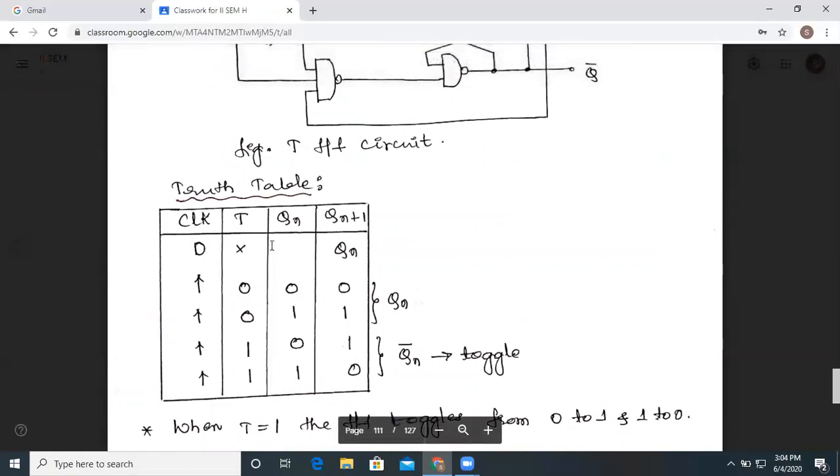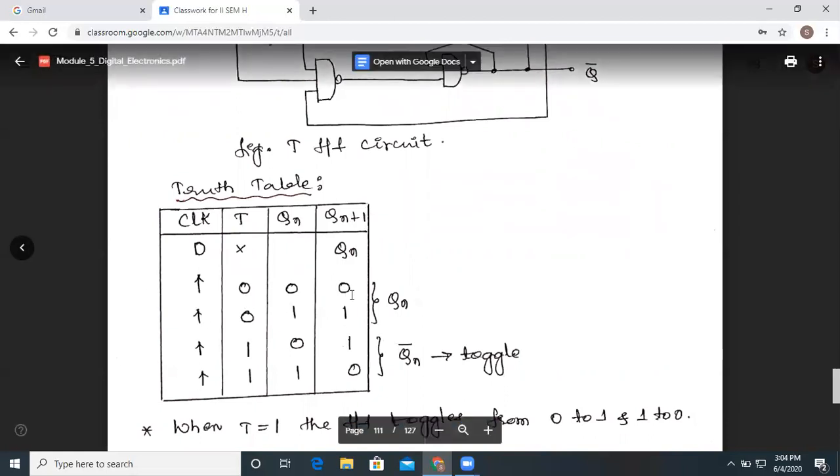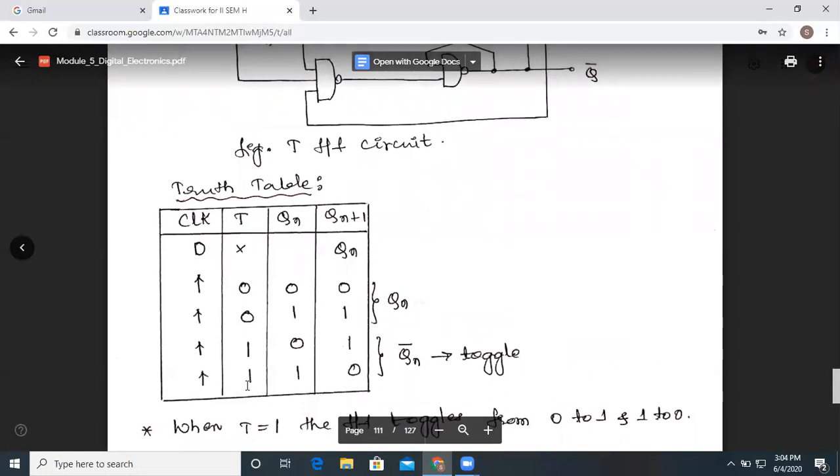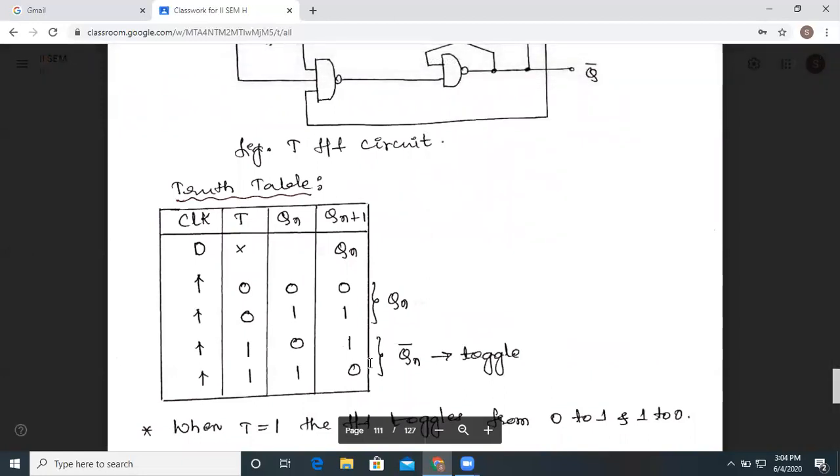In this truth table, you can see that if T is 0, then we get the present state as the previous state only. Our Qn plus 1 is the present state, Qn is the previous state, so it will retain the previous state. If T is equal to 1, then it will toggle.